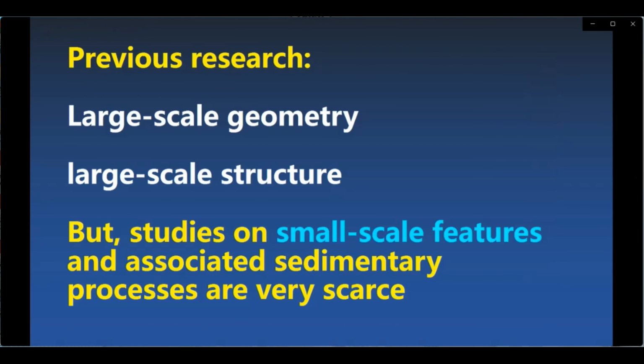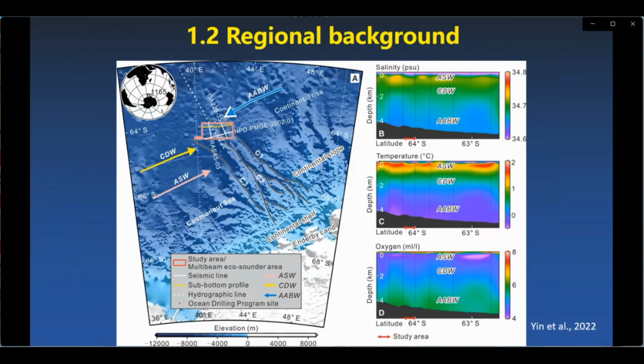The previous research mainly focused on the large-scale geometry and structure of the mixed systems, but there is a lack of research on small-scale features and the associated sedimentary processes. So here we focus on the Antarctic margin, the continental rise of the Cosmonaut Sea.